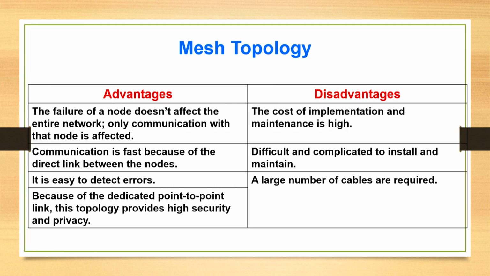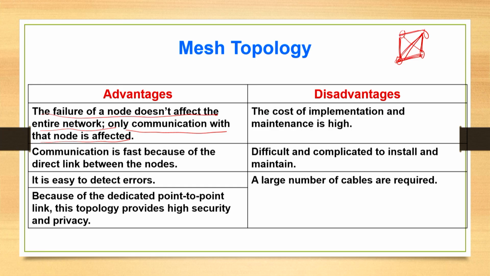First, go for the advantages. The failure of a node doesn't affect the entire network. Why? Because only communication with that node is affected. Yes, it is very obvious. If these are the 4 nodes and these are connected to each other through the mesh topology, meaning there is a direct connection from this to this, this to this.